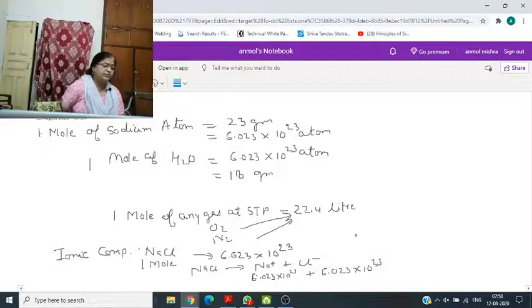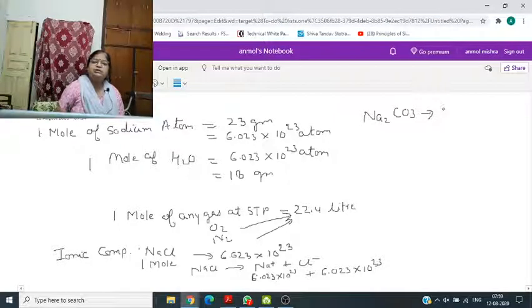Second example, you can take sodium carbonate, Na2CO3. Now it will dissociate, so you should know how to dissociate any ionic compound, then it will be right, otherwise not. For example, in this it is 2Na plus and 1 CO3 2 minus.